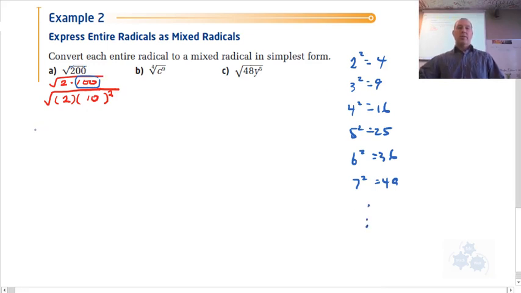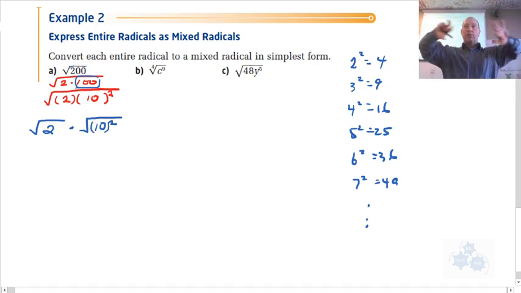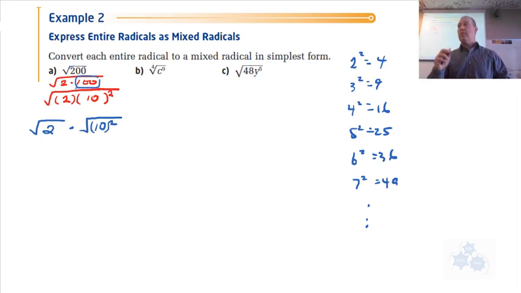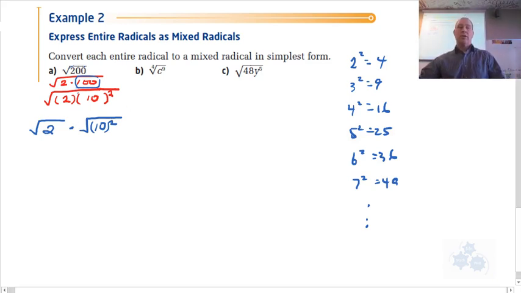So watch this. Another rule when it comes to radicals is that you can actually split up the radical into its factors like this. So whatever is multiplied inside a radical can be split up into separate radicals that are themselves multiplied. So this is important to see, because what do I have here now?